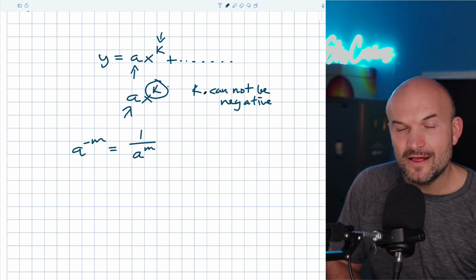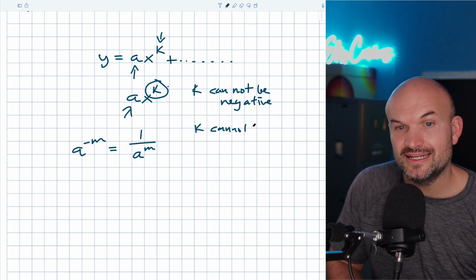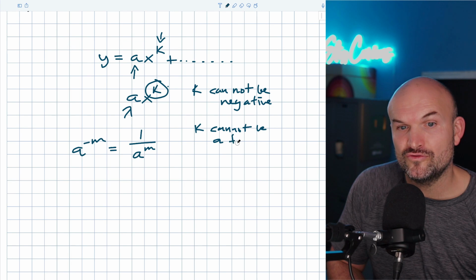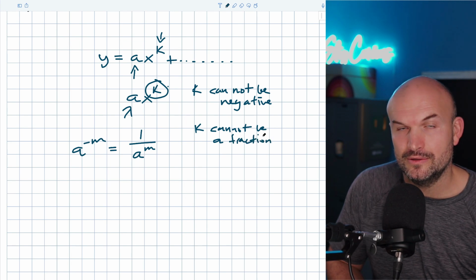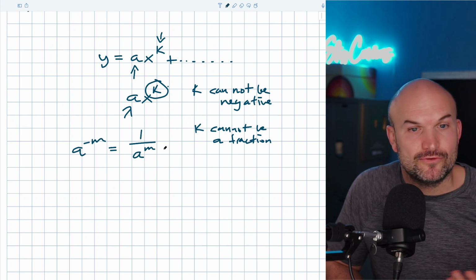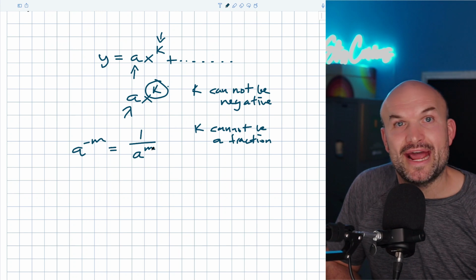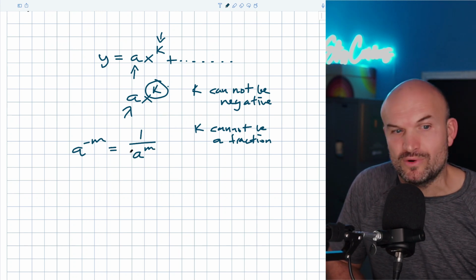Now, the other thing that we know is that our k cannot be a fraction. Okay, so k cannot be a fraction. So therefore, it can't be 1/2 or 3/2 or 2/3 or whatever may be the case.